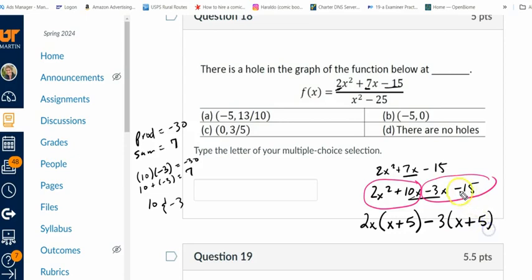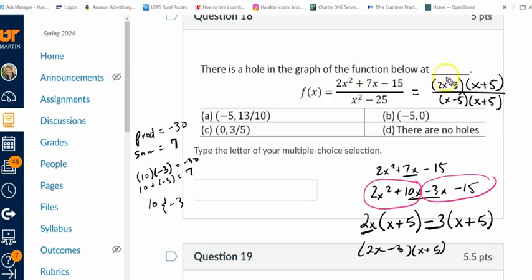And that's a plus, because negative 15 divided by negative 3 is positive 5. And so what goes in here is going to be 2x minus 3. So I come back up to the top here, and I can factor this as 2x minus 3 times x plus 5. Now, x squared minus 25 factors as x minus 5 times x plus 5.